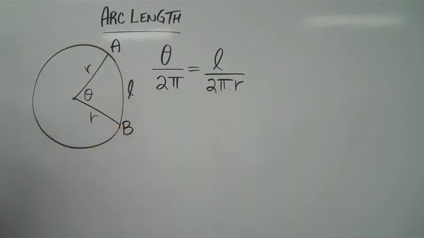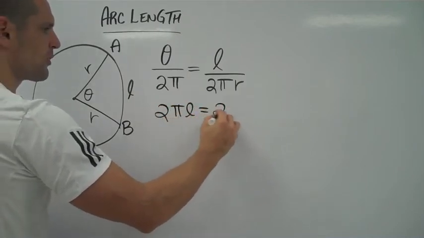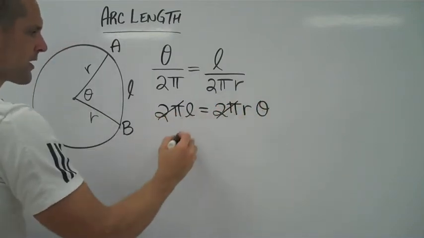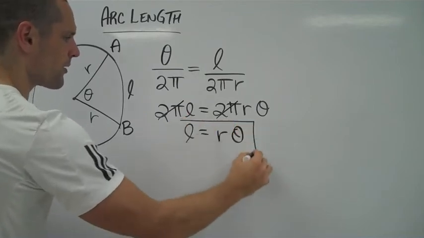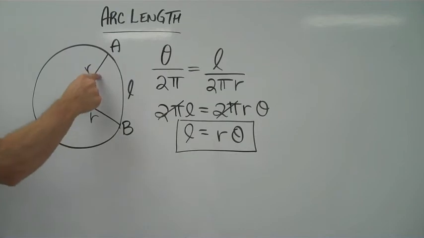That's what this proportion means. If we want to solve for L, I have to cross multiply. 2 pi L is equal to 2 pi r theta, and I can cancel my 2 pi's out, and I get L is equal to r theta. That is an important one to put away. L is equal to r times theta.